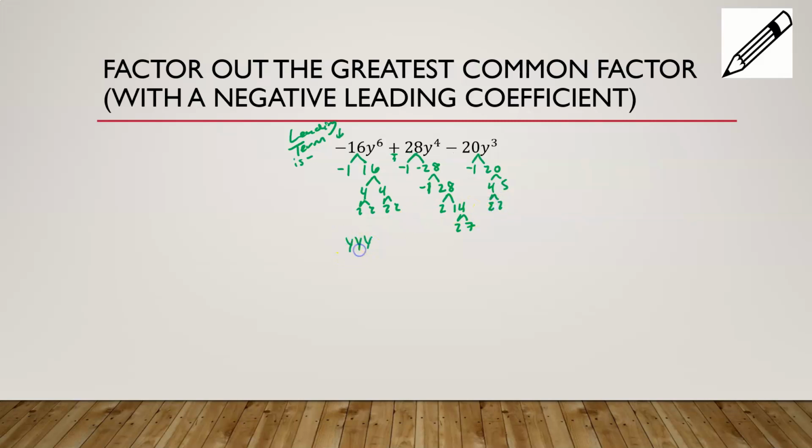All right, the first term had 6 y's, the second one had 4, and the third one had 3. You might be getting better at not having to write out all those y's. We know that the smallest exponent is going to be what it is, but it might help you now that we have to figure out what's left. So I'm going to factor out a y cubed, but now I have to find what's the same on each list.